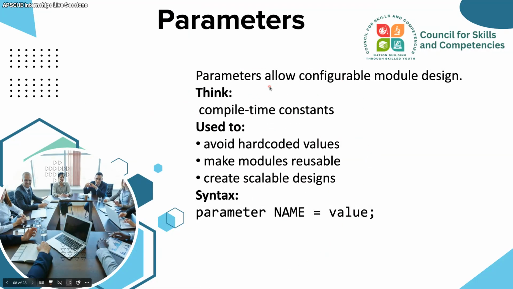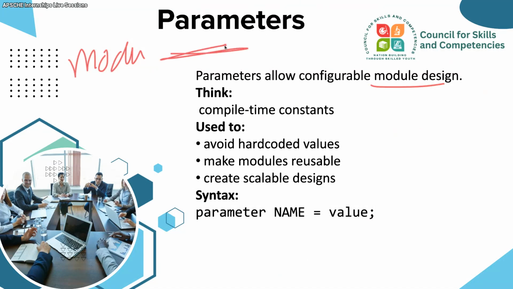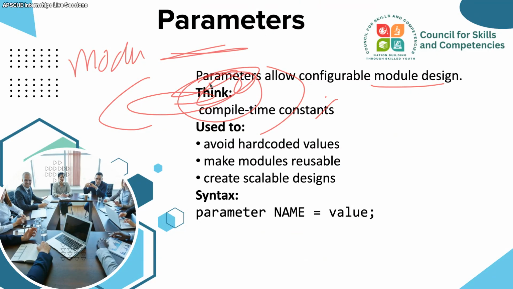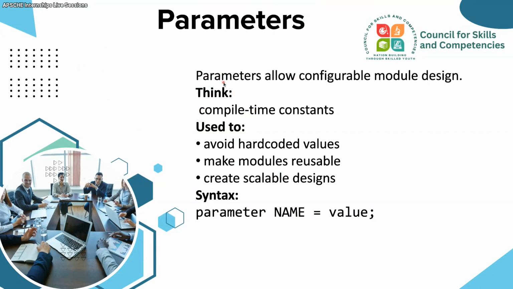Now the parameter. You can have a module. We have seen a module, created the name for the module, and used the input and output for that module. A parameter allows us to configure the module design.